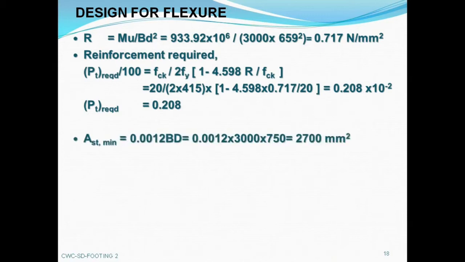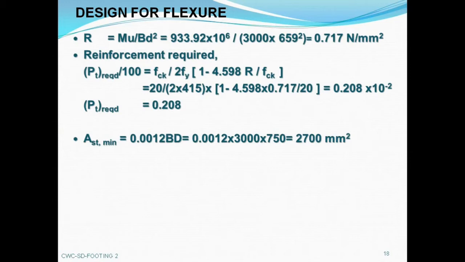We know the minimum area of reinforcement is equal to 0.12% of the gross area of the footing. So 0.0012 multiplied by 3000 into 750 will give the minimum AST required, that is 2700 mm square.